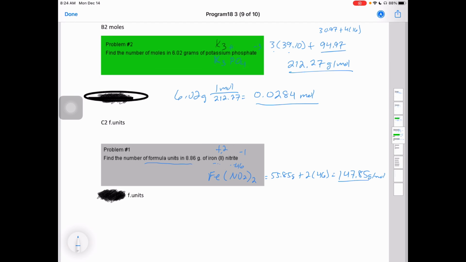So when we want to find formula units, 8.86 grams, 1 mole is 6.02 times 10 to the 23rd formula units, divided by 147.85 grams. And I'm going to cancel the grams. So 8.86 times this divided by this will be 3.61 times 10 to the 22 formula units.